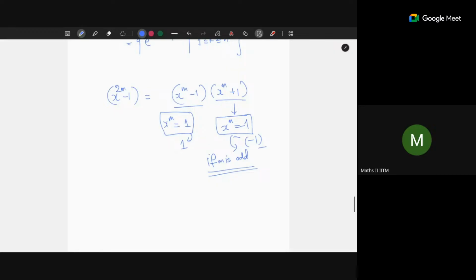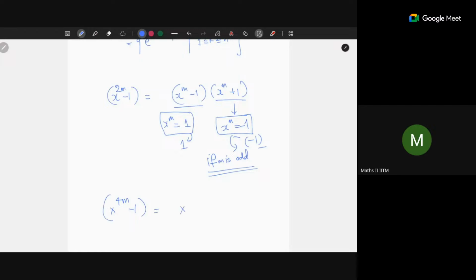So what is that case? Let's take something like the 4m type. In the 4m case, let's say you have x to the power 4m minus 1.